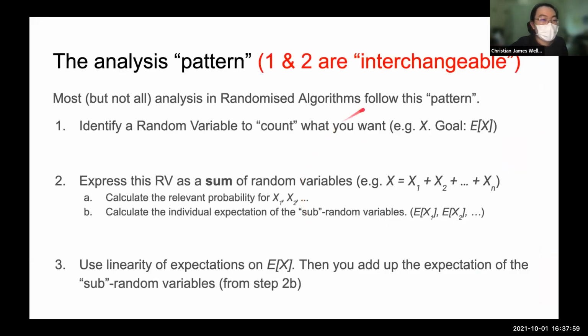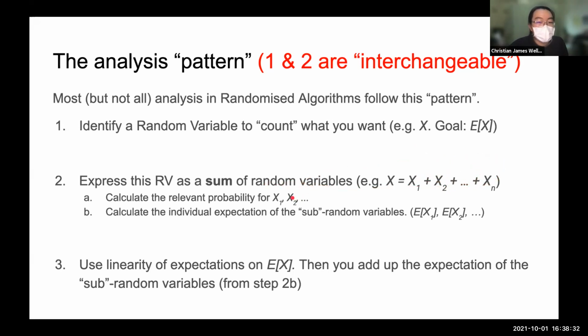Okay, so the analysis pattern, which I keep mentioning from week 5. For 3 weeks, you have seen this slide a few times. Try to identify the random variable that you want to count. What's your goal? The goal is the expectation of that random variable. Then express it as a sum of random variables. In our case, if we use indicator random variables, IRV for short, then all of these are IRVs.